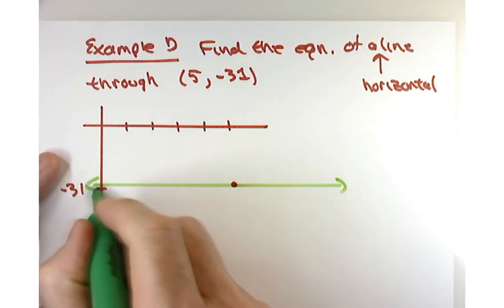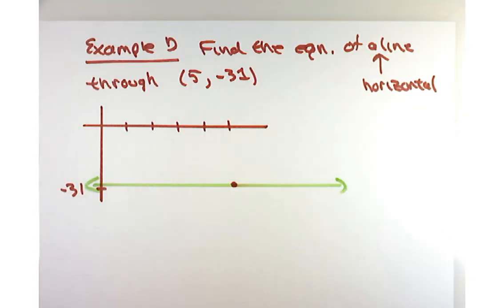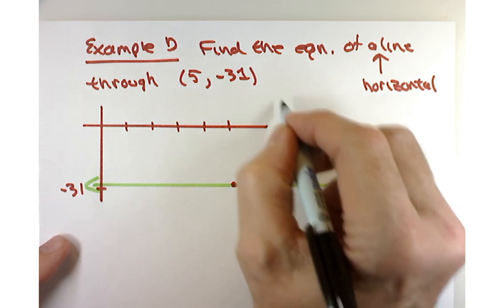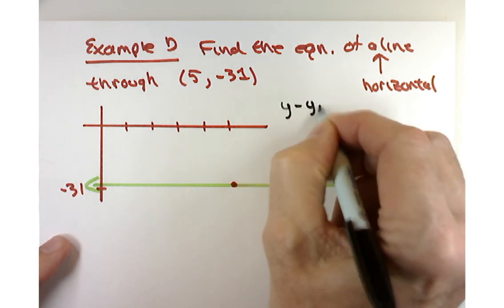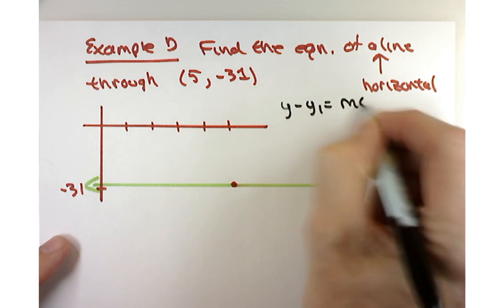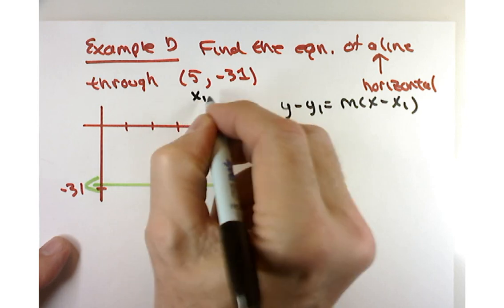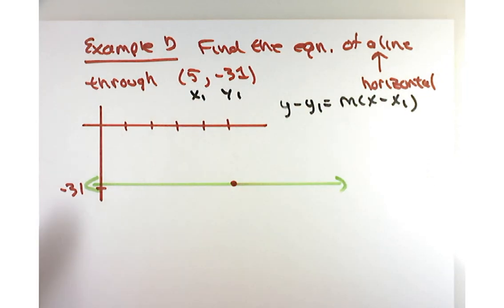If you know this, it's a quick one-liner. If you don't, and you're stuck figuring it out, then you're going to have to think about one of these formulas: y minus y1 equals m times x minus x1. And the nice thing about that is you've got a bit of a head start. You've got your y1 and your x1.